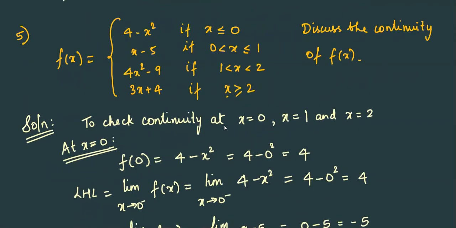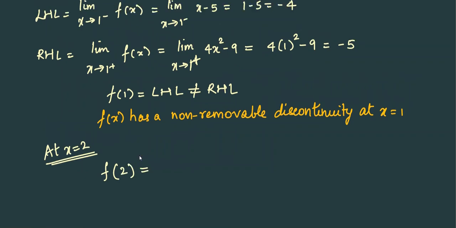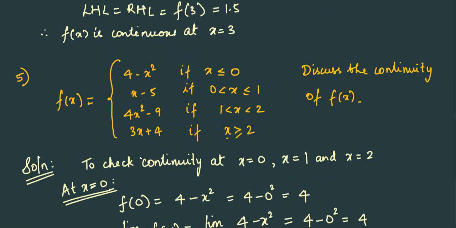Now you tell me the steps for x equal to 2. Now at x equal to 2, first step, let's check the function value at 2. Function is defined by which expression?